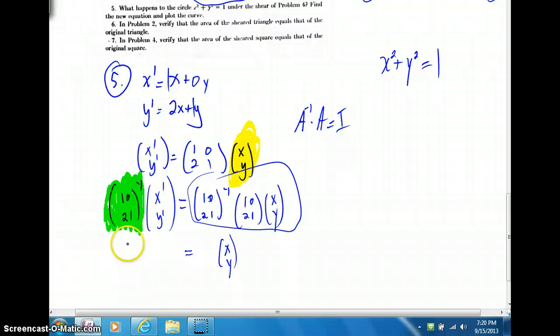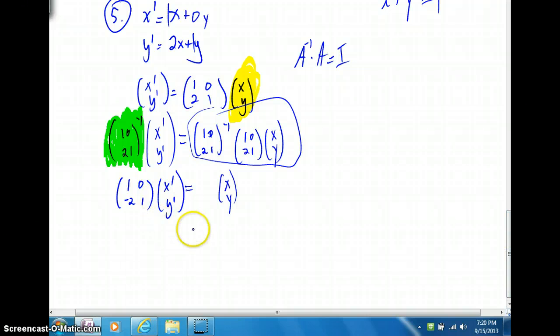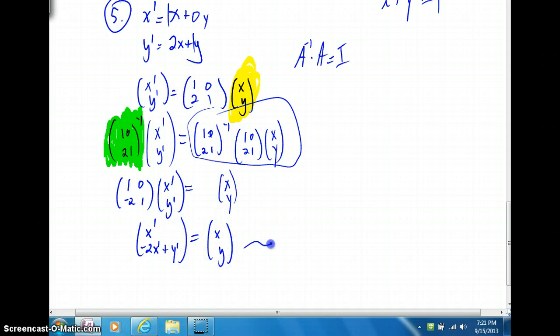What would we find? Well, we get 1, 0, negative 2, 1. So where are we going with this? Well, look, if I multiplied through on this matrix, row by column, 1 times x prime is just x prime, plus 0 times y prime, that wipes out. Negative 2 times x prime, I'd get that, plus 1 times y prime. Look at this. We have incredible help now.